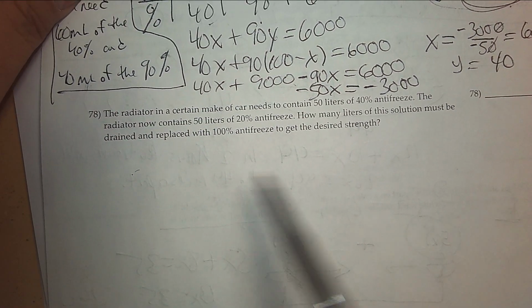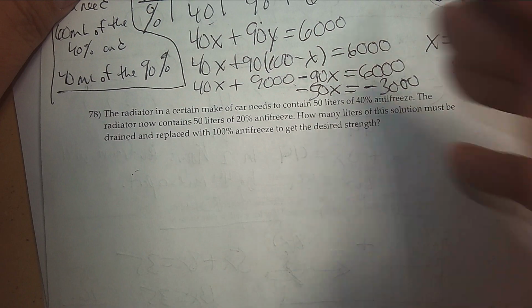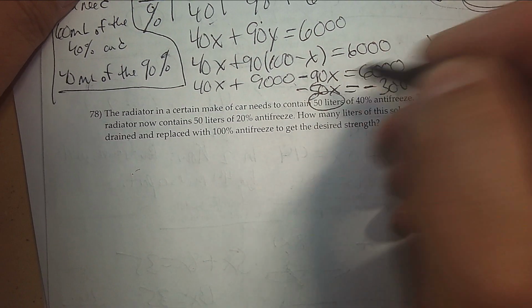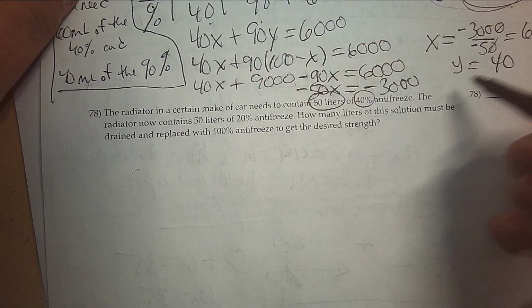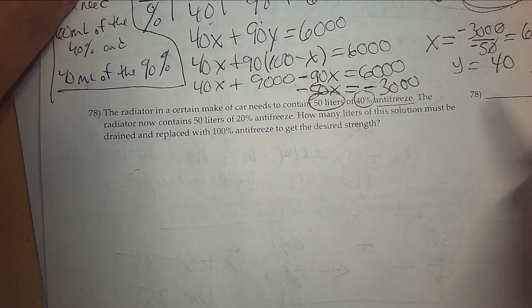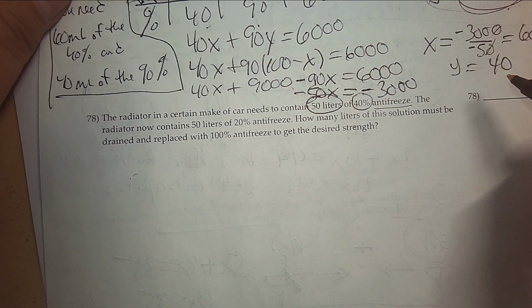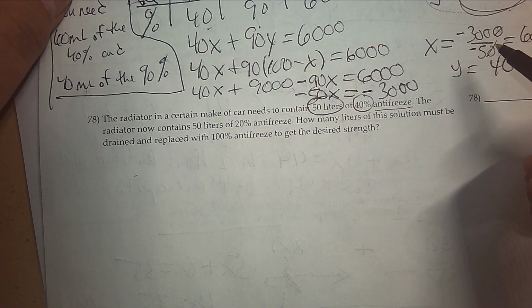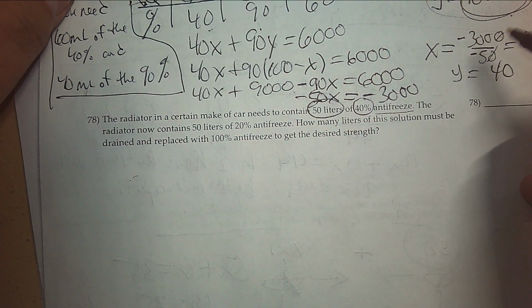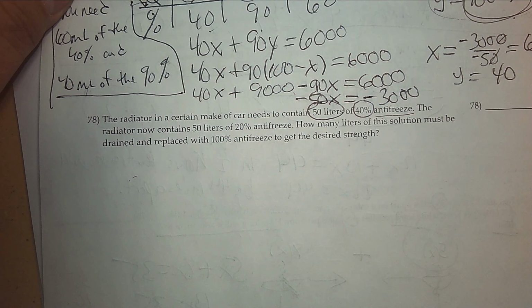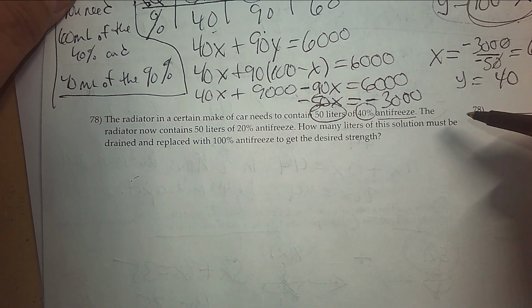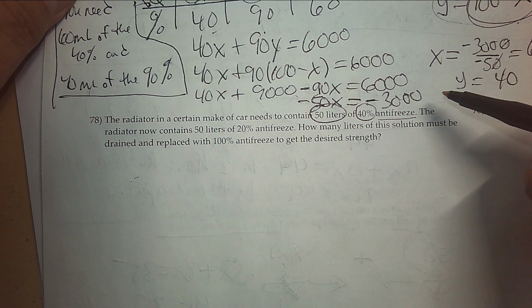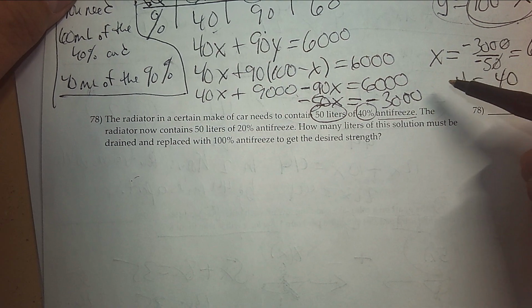The radiator in a certain car contains 50 liters of 40% antifreeze. So the radiator, in cold places, could keep it from freezing. In one case it would be overheating and in the other it would be so cold. Imagine if you have water in your radiator and the temperature is below zero, what would the water in the radiator be? Ice, right? That would be no good.